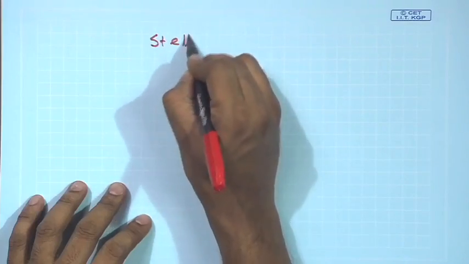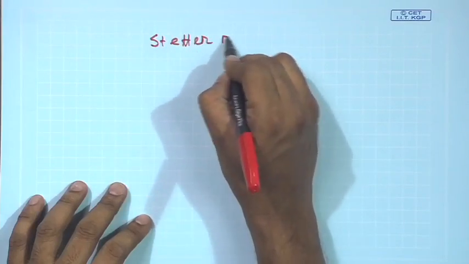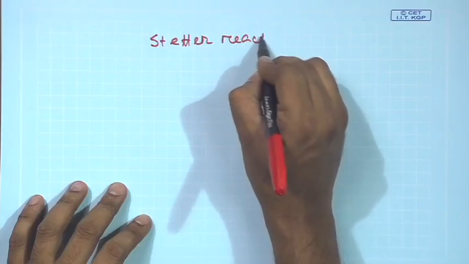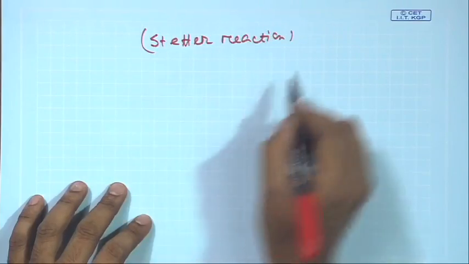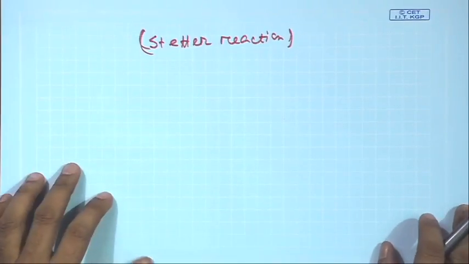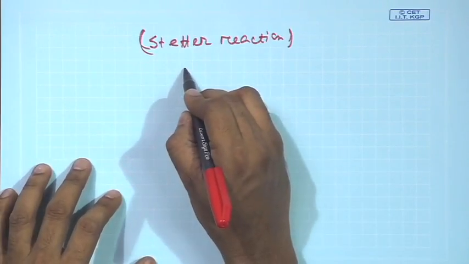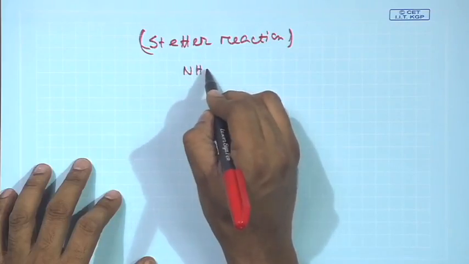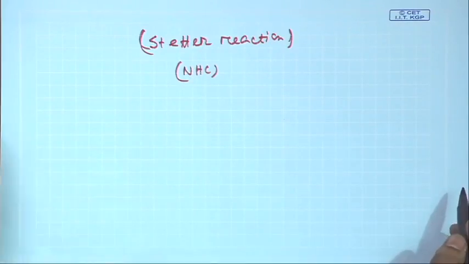In our biological system, this kind of intermediate is very much in action, and particularly we also discussed the Stetter reaction earlier. We said that the Stetter reaction is a synthetically very useful reaction which is catalyzed by N-heterocyclic carbenes.